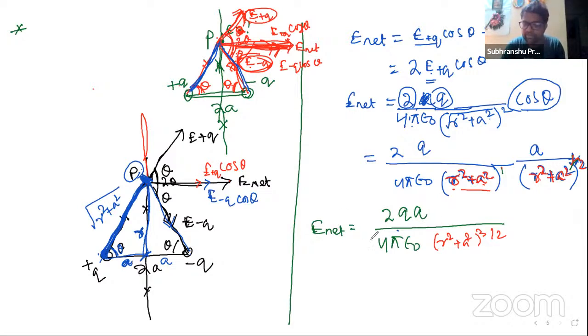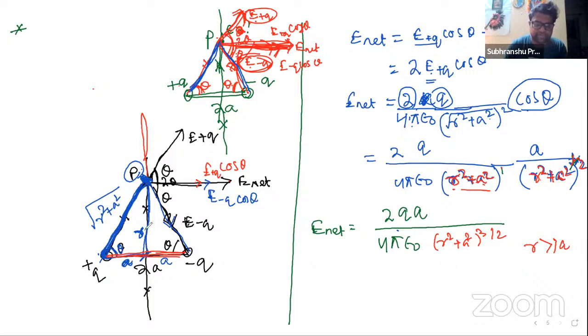So this is the E net, that is 2qa by 4 pi epsilon naught into r square plus a square to the power 3/2. Now, the last approximation we will also do. In the definition of dipole, we have told you that the distance between the two charges is very small. That's why your r is very, very much greater than a.